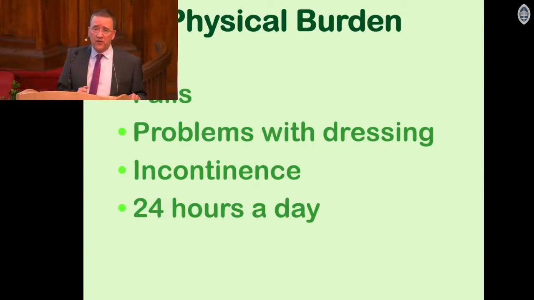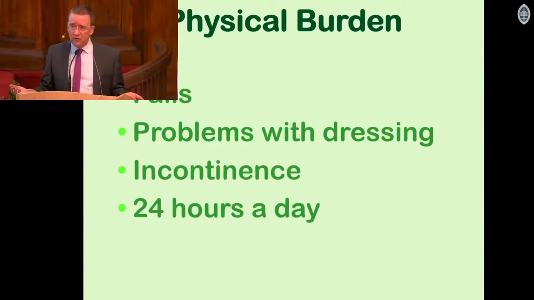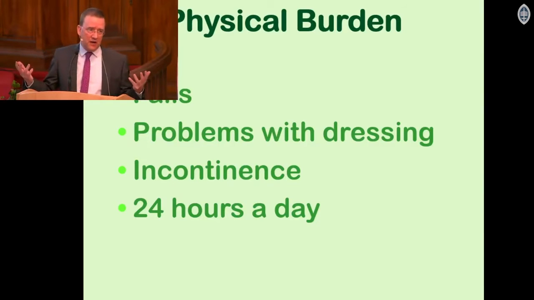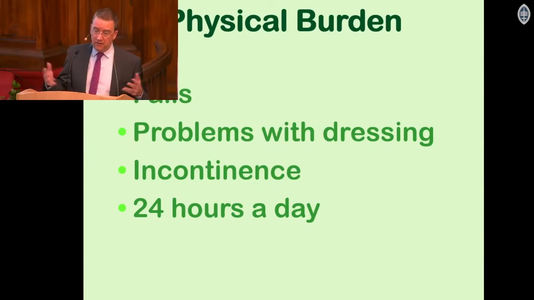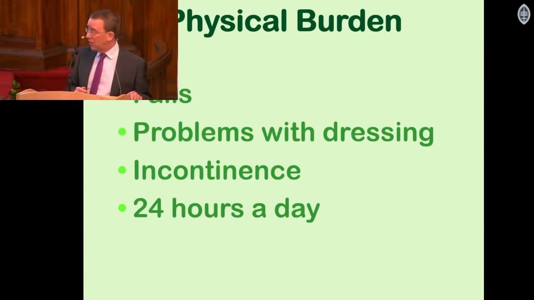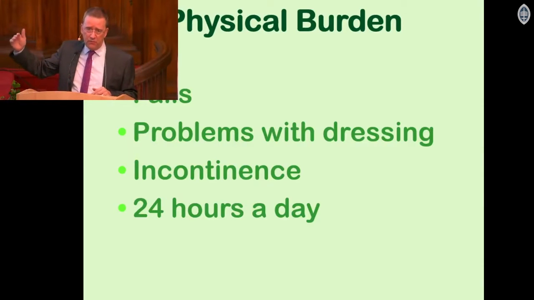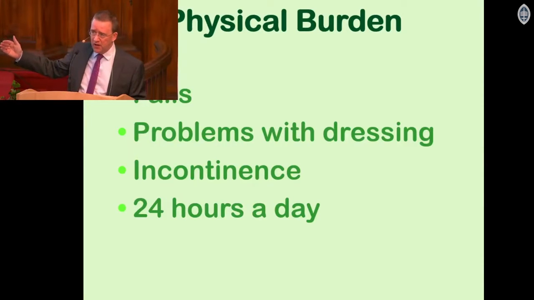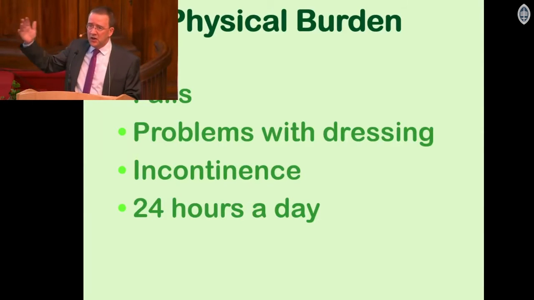Again, we take it for granted that we know when we need to go to the toilet. People with dementia lose an awareness of that, and therefore, as it were, go to the toilet where they are, rather than actually on the toilet. And these sorts of problems with people with more severe dementia occur all the time. Once you get to this stage, they don't go away.